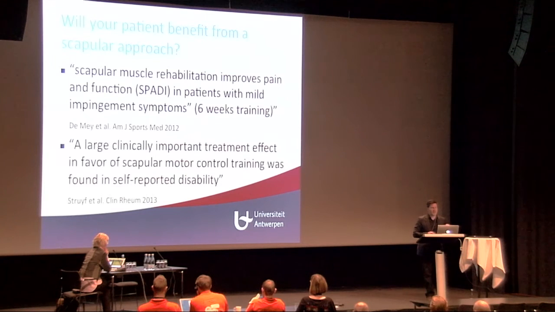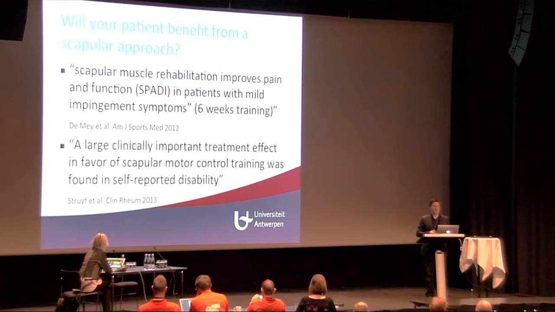And not only scapular dyskinesis, but scapular dyskinesis related to the patient's symptoms. We used the scapular assistance and scapular retraction test to know whether our patient would benefit from a scapular approach. And when we subclassify our patients as having scapular dyskinesis related to their shoulder pain, then we are much more likely to have a good outcome in our scapular approach rehabilitation program.